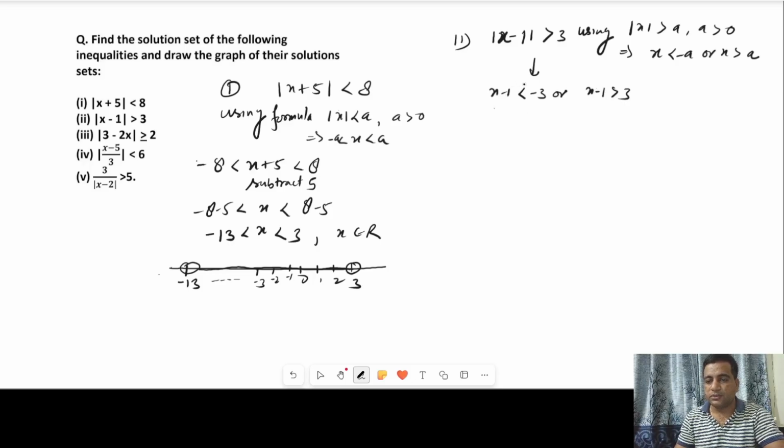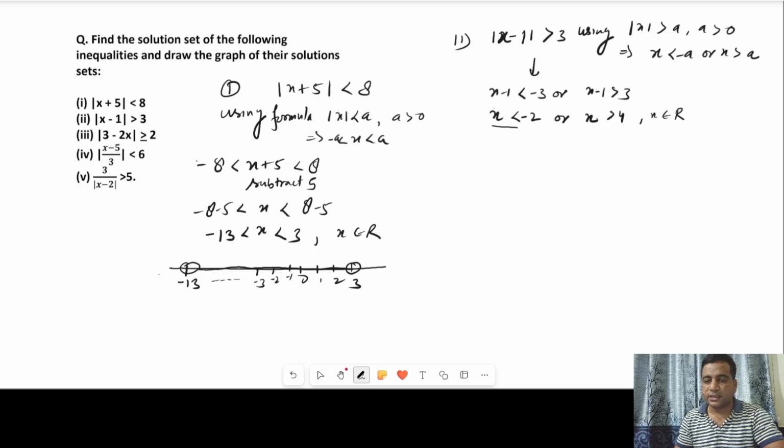So -1 transposes towards the right and becomes +1: -3 plus 1 is -2. And -1 transposes towards the right and becomes +1: 3 plus 1 is 4. And x is a real number. So x is less than -2 or x is greater than 4.